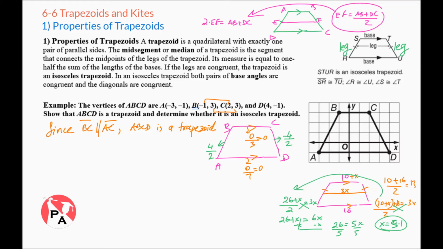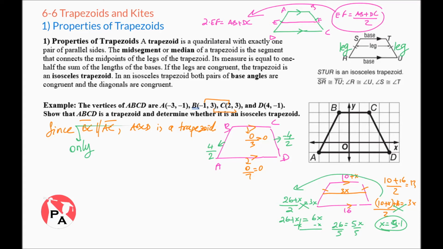That means we only have one pair of opposite sides parallel to each other, which makes this figure a trapezoid. Since, let's just add one word over here, since only segment BC is parallel to segment AD, because it must be only one pair of sides, ABCD is a trapezoid.